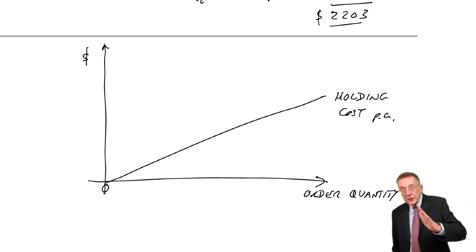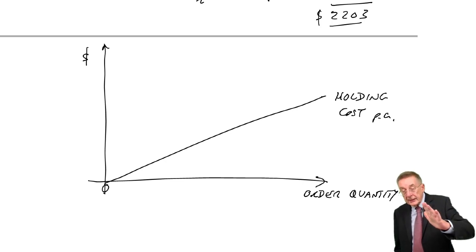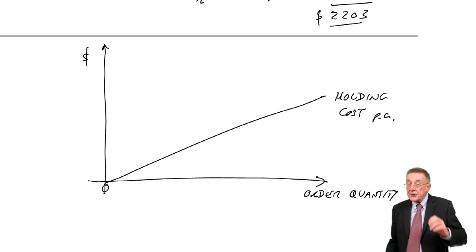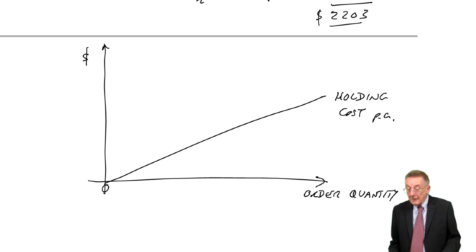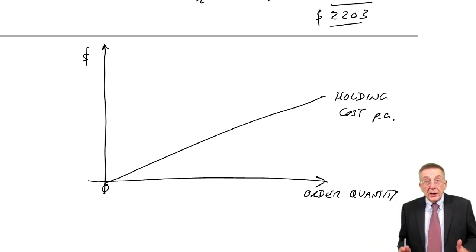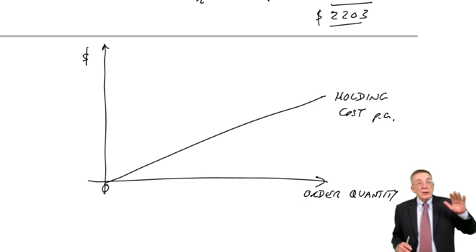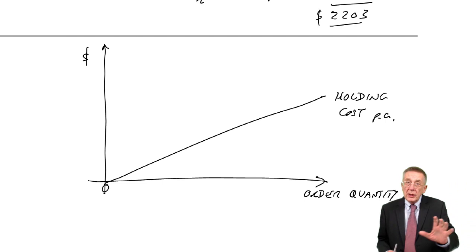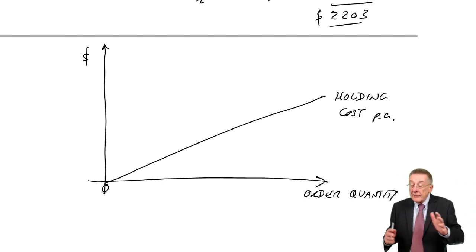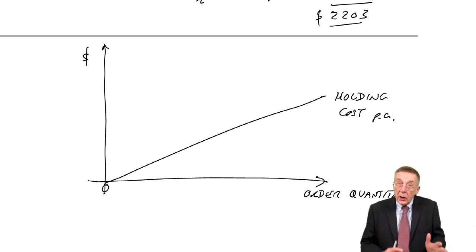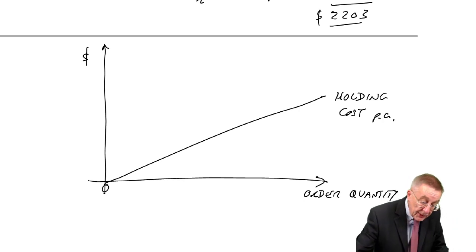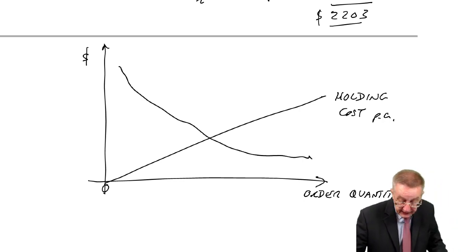Because again, the more you order, the more the average inventory, the more the holding cost over a year. On the other hand, the order cost, as you've seen in those four, the bigger the order quantity, the fewer orders you need. And therefore, over a year, the lower the order cost. And so this falls. Now, in fact, it's a curve. Oh dear, that's not very pretty.